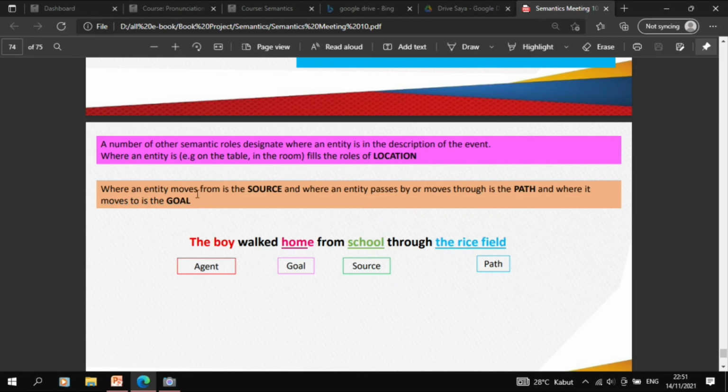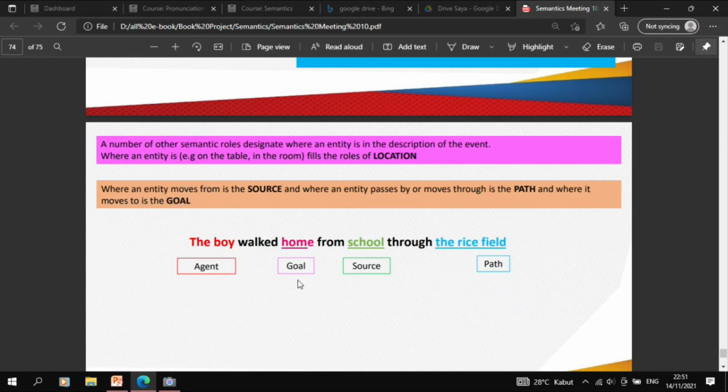Jadi di mana awal mulanya verb itu bergerak, si entity, si agentnya bergerak, itu disebutnya source. And where an entity passes by or move through is what we call as path. Ya, jalannya, alurnya, lewat mana, pindahnya melalui apa. And where it move to, tujuannya ke mana, that's what we call as goal.